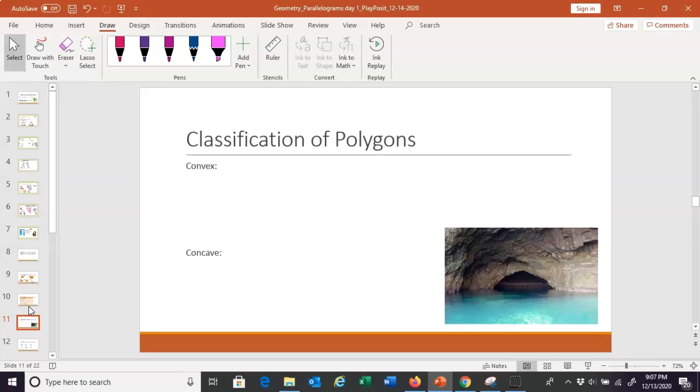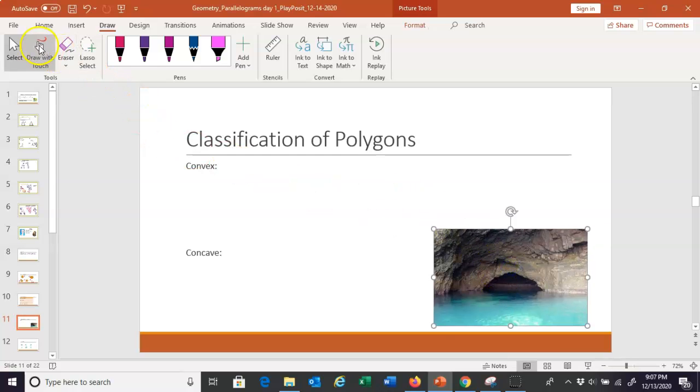So there's a few ways to classify polygons. And I have this picture here and it's going to make a lot of sense in just a minute when we talk about the definition of these things. Oh, where's my pencil? There we go.